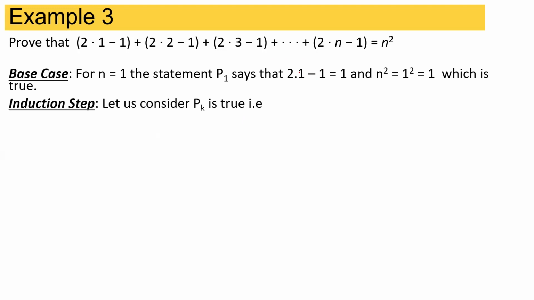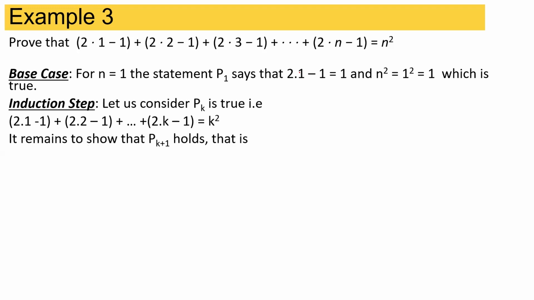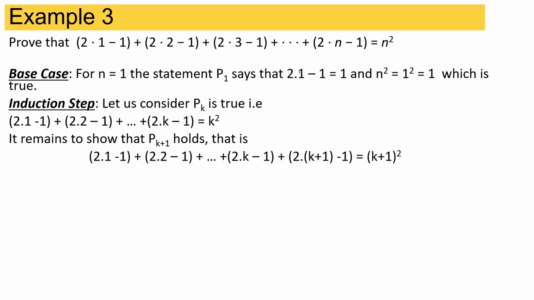For the induction step, we assume Pk is true, that is 2 times 1 minus 1, and so on till 2 times k minus 1, is equal to k squared. So this is our hypothesis. And then we try to show that Pk plus 1 holds, that is 2 times 1 minus 1, and so forth, till 2 times (k plus 1) minus 1 is equal to (k plus 1) whole squared.